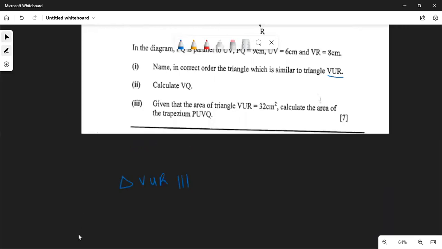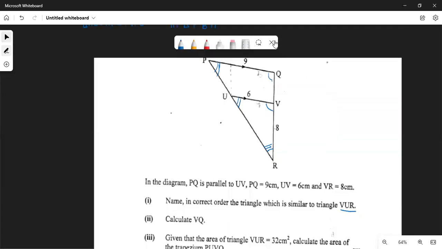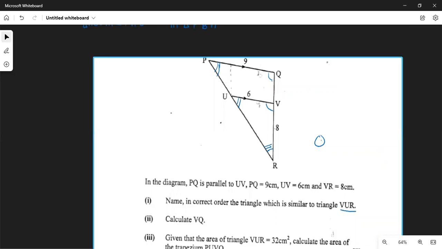VUR. All right. So triangle VUR is going to be similar to each triangle. We take according to my angles. V is similar to what? P. V is similar to Q, and all right, then it goes to U, P, then it goes to R, and it keeps going like that.